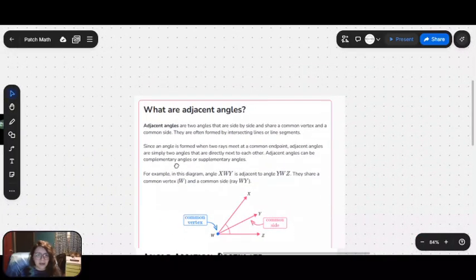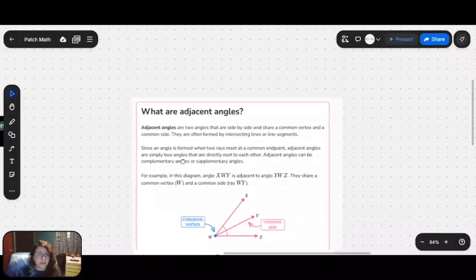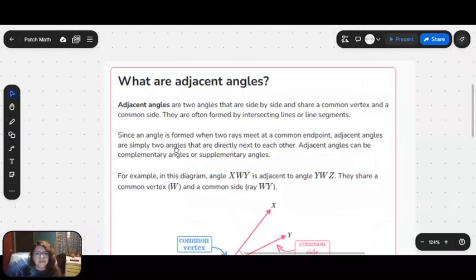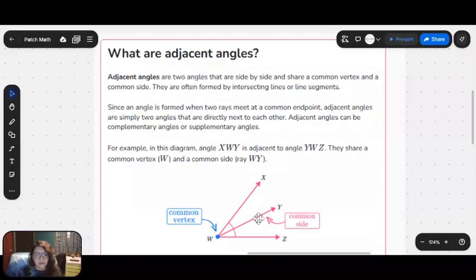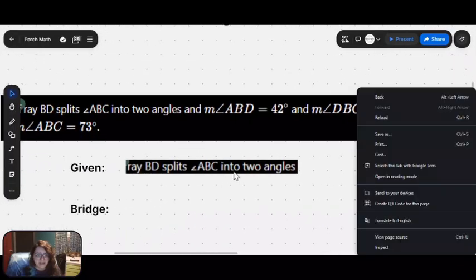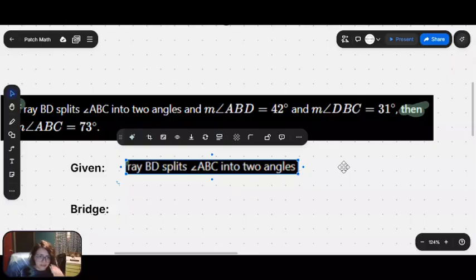So you'll see here I have some information about what adjacent angles are. It's two back-to-back angles sharing a common side with a common vertex. Now, they use different variables in this example, but please don't worry. I just wanted you to realize that's what this part of our given relates to.